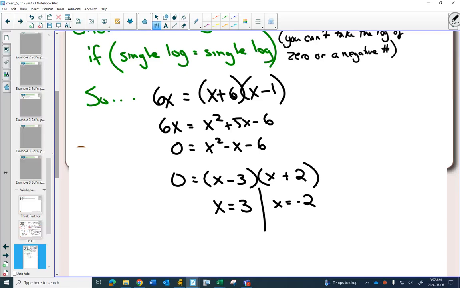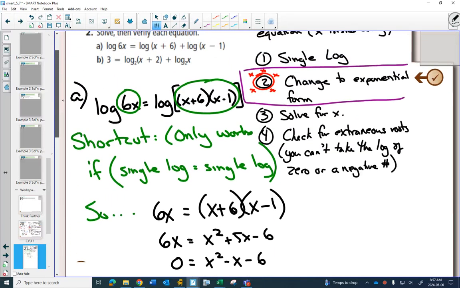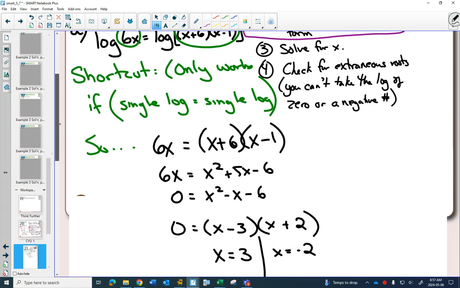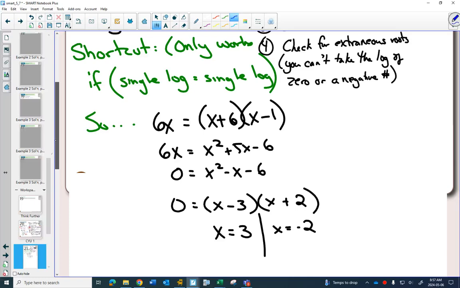And just like every single logarithm equation, once you get your answers, we have to go back to the original equation and check. If I plug in positive 3, positive number inside of here, positive number inside of here, positive number inside of all three, this one is okay.